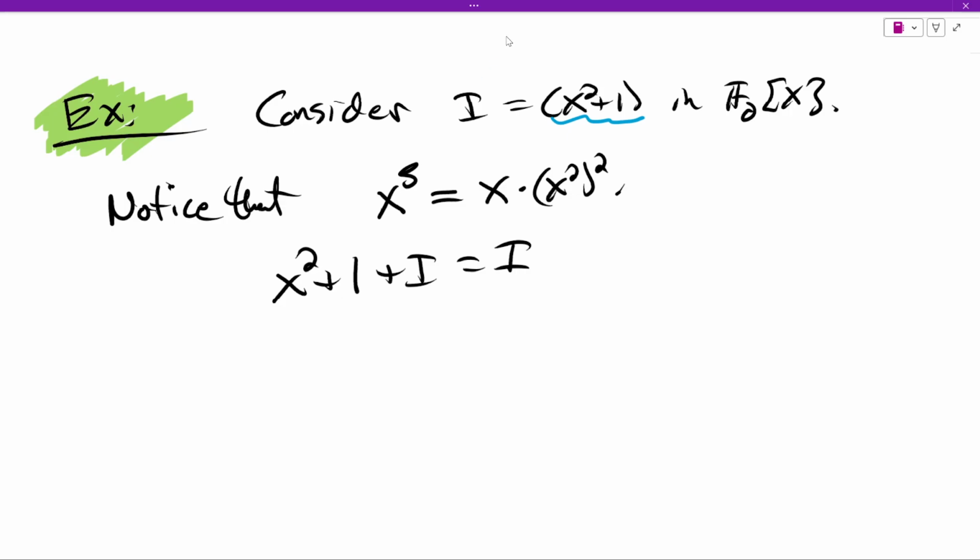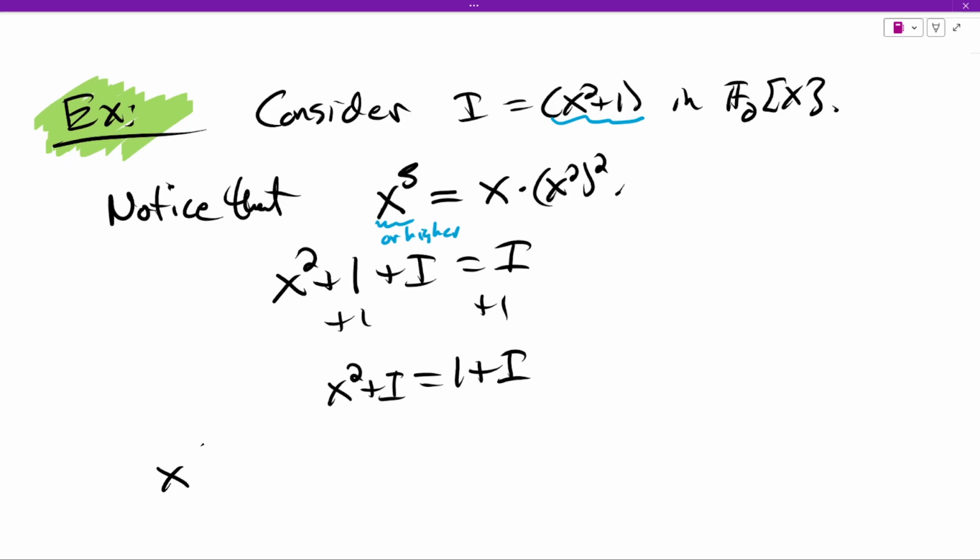Now, if we were to subtract 1 from both sides, but subtraction and addition are the same in F2, we get that x squared plus I is the same as 1 plus I. Great. So what this is saying is in the quotient, we can replace all of our x squareds or higher terms with ones.